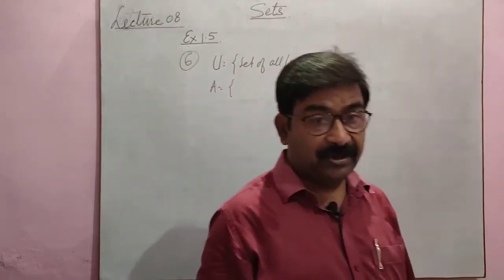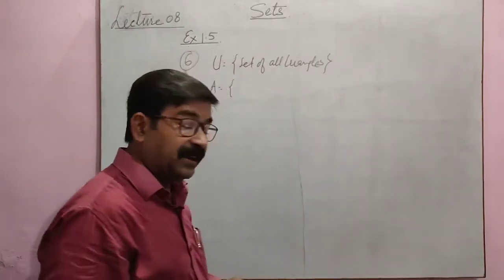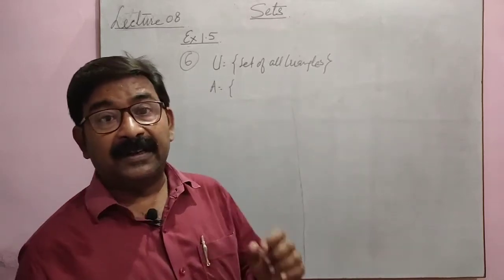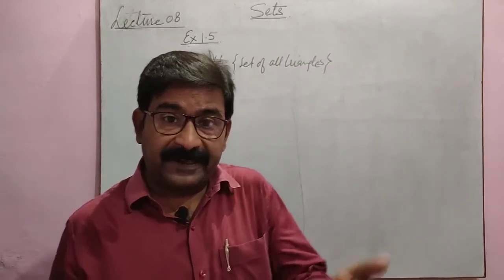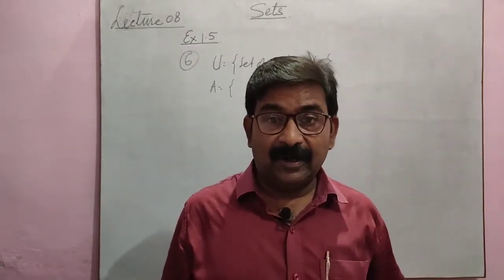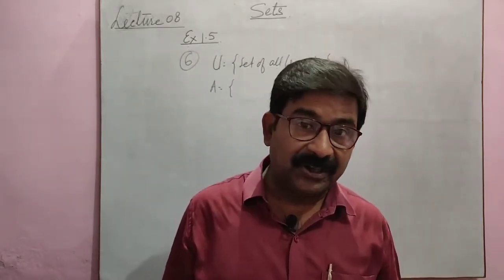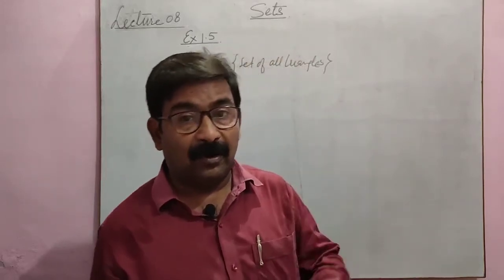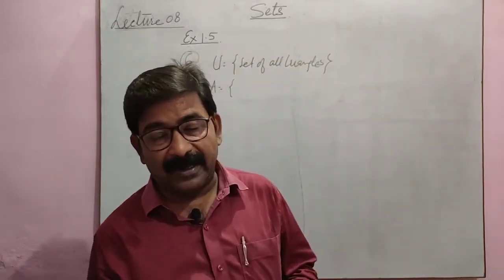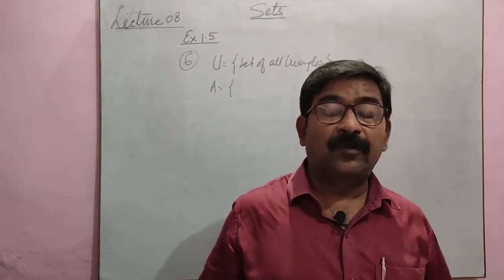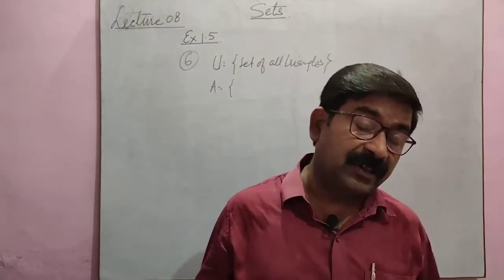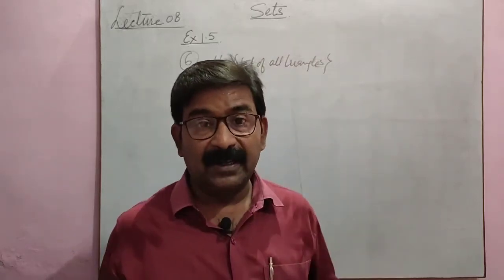What is A dash? Set A is a triangle in which at least one angle is 60 degrees. If the second angle is 60 degrees, then automatically the third will be 60 degrees. So what is the complement of A? The simple answer in one line: the complement of A is the set of all equilateral triangles, or the set of all triangles having all angles 60 degrees.